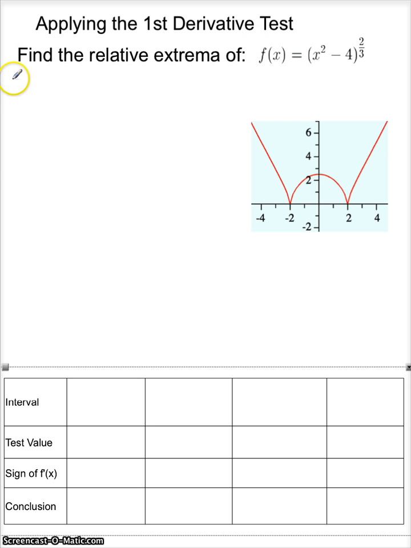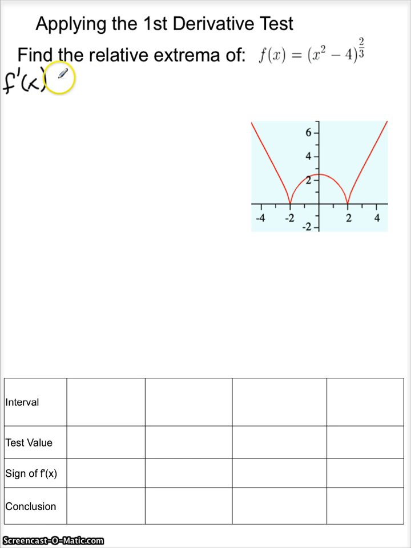Okay, first thing you have to do is, of course, take the derivative. So the derivative is 2/3 times x squared minus 4 to the negative 1/3, and then take the derivative of the inside, so that's 2x. All right, now we have a couple points that are going to be kind of interesting here.